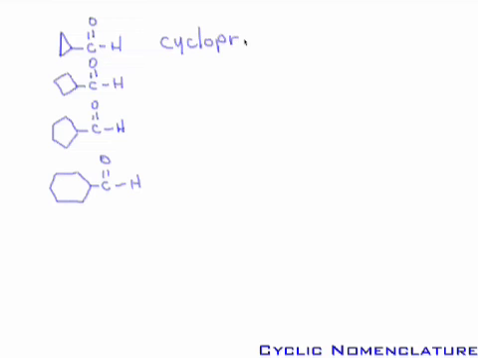You can go to cyclopentane, cyclohexane, and so on. We'll just do these. All of these are named as carbaldehydes, giving the ring structure its full alkane name. So this would be, in IUPAC, cyclopropane carbaldehyde.